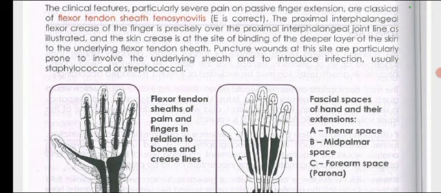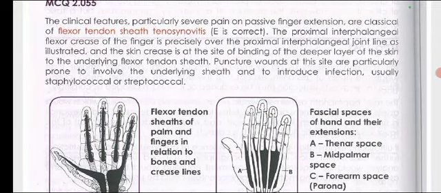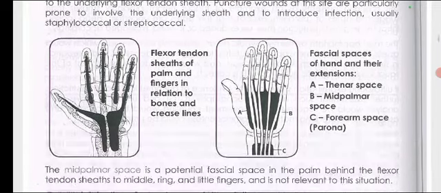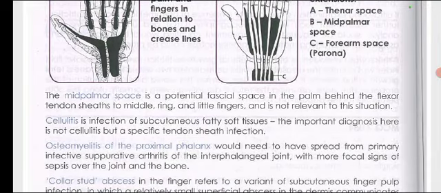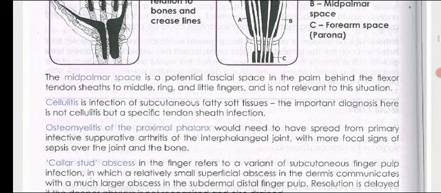Puncture wounds at this site are particularly prone to involve the underlying sheath and to introduce infection, usually staphylococcal and streptococcal infections. So this is the flexor tendon sheath tenosynovitis. The mid-palmar space is a potential fascial space in the palm beyond the flexor tendon sheath to the middle, ring and little fingers and is not relevant to this situation.